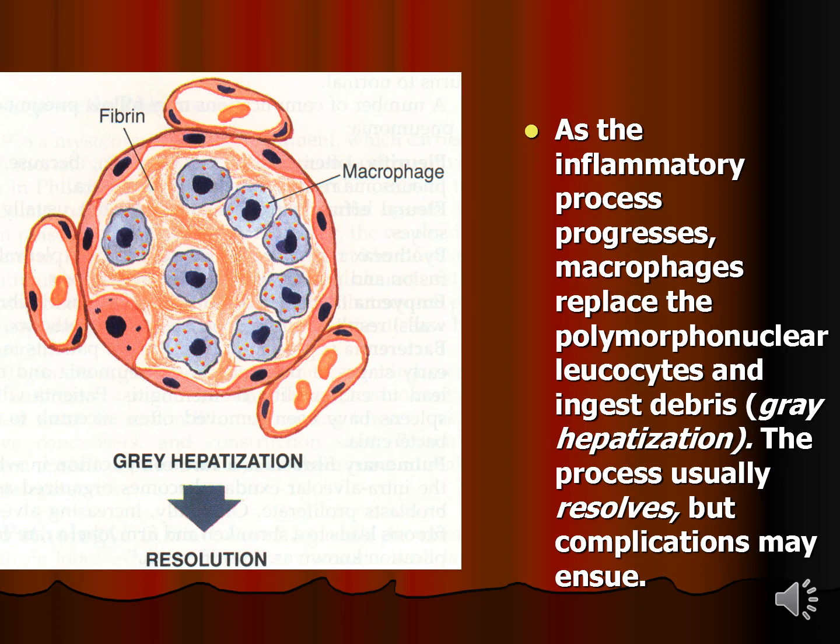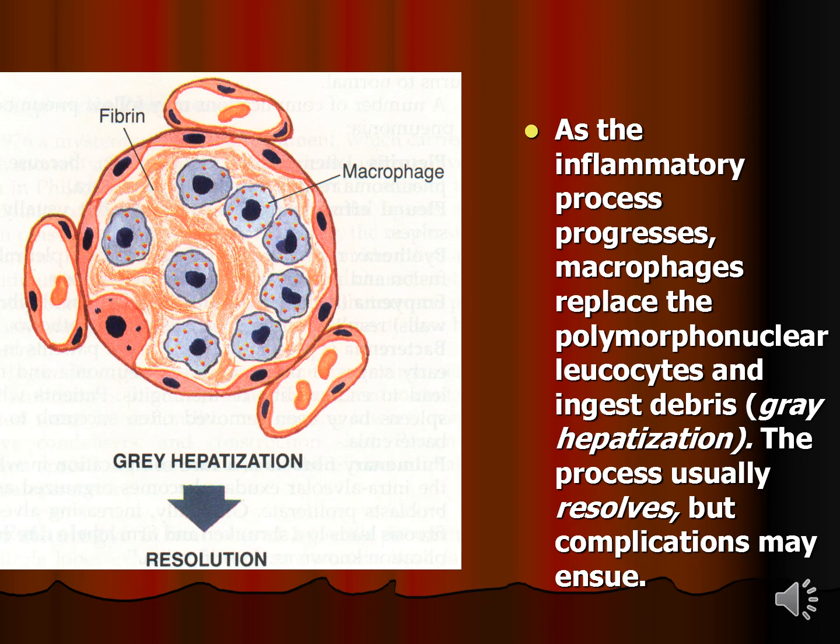As the inflammatory process progresses, macrophages replace polymorphonuclear leukocytes and ingest debris, and we have the stage of gray hepatization, and then the process usually resolves, but complications may be present.